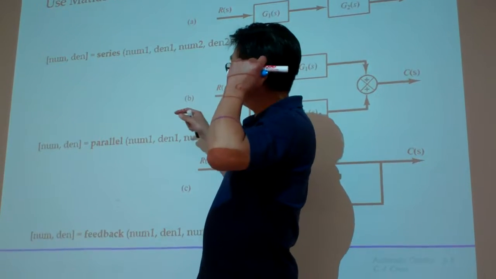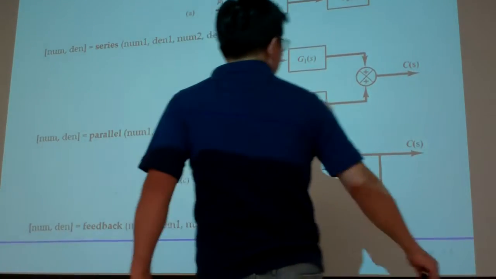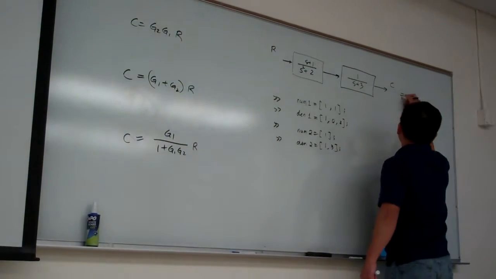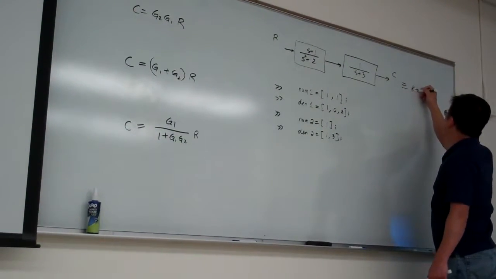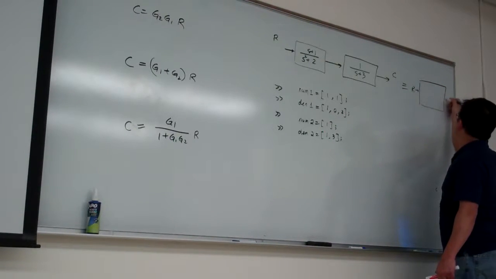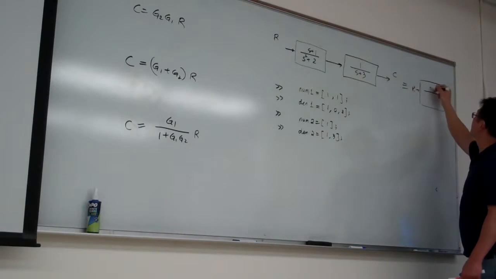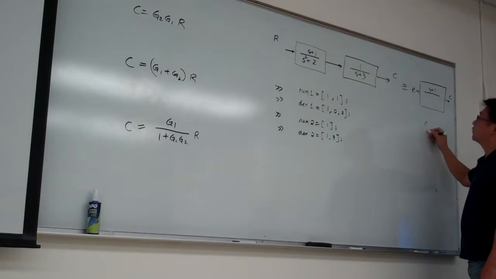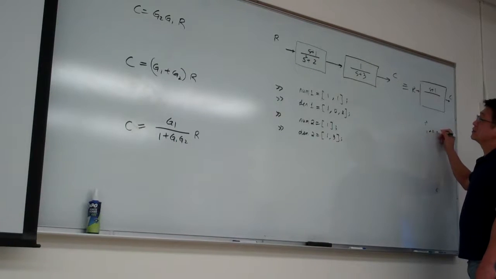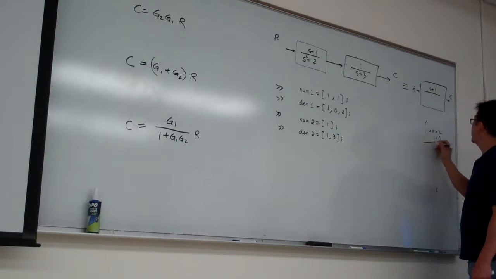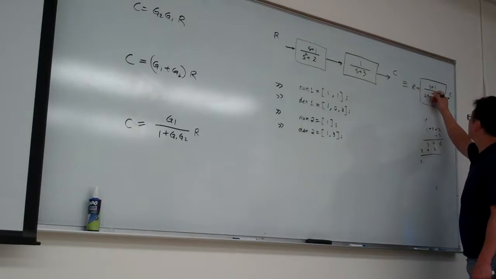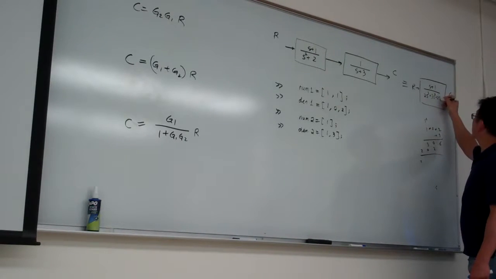And then once you hit return, the numerator will be the answer for G1 G2. So basically this one will be equivalent to C over R. Let me multiply this out: s squared plus 0s plus 2, times s plus 3, gives s cubed plus 3s squared plus 2s plus 6.